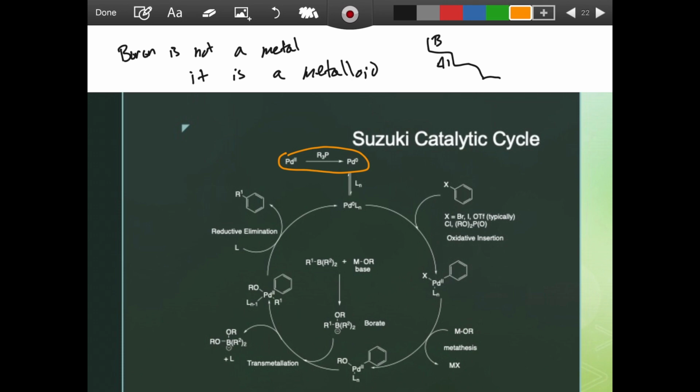Now, what is kind of unique about Suzuki reactions is that they have to have a base.